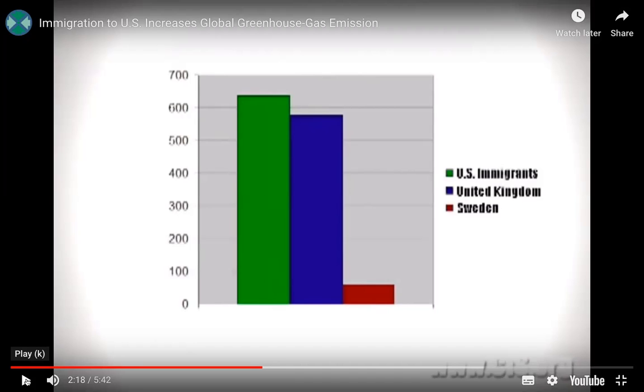I'll leave you to have a look at that graph very briefly and think about the irony of suggesting that immigration is a major concern when it comes to carbon footprint, and immigration for countries like America is a major environmental problem.